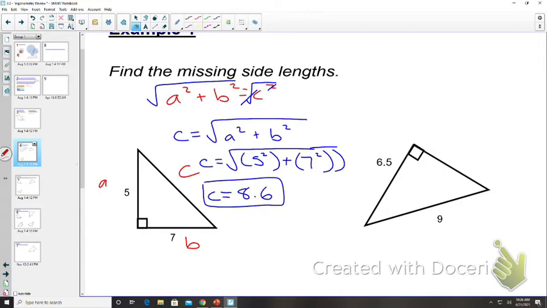Okay, so we'll move on to the second one here. So this 9 is what side? Yeah, C, it's our hypotenuse, right? And then again, A and B doesn't really matter. But we need to solve for B now, right? So how am I going to get my B all by itself?